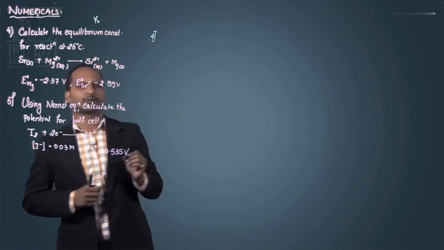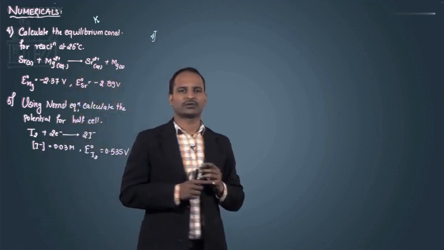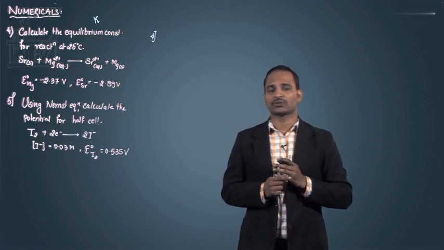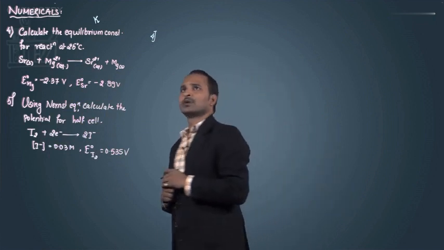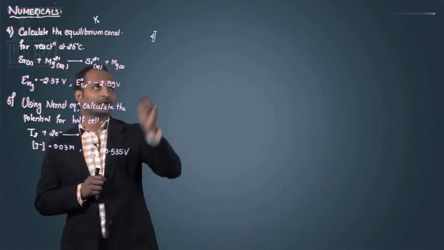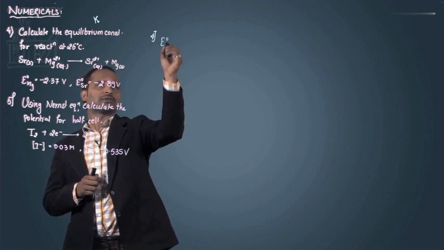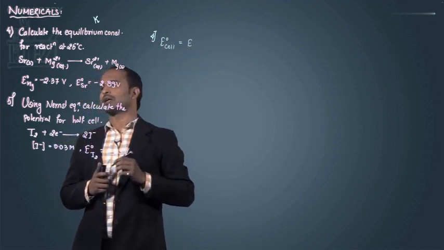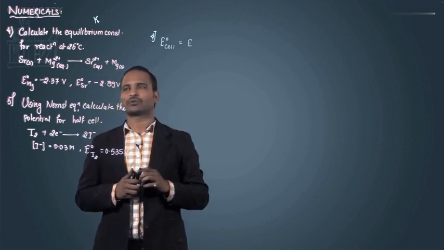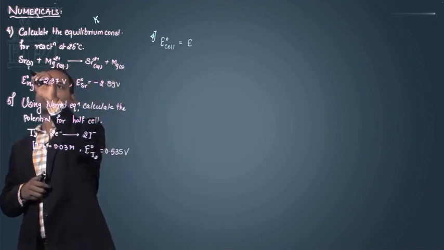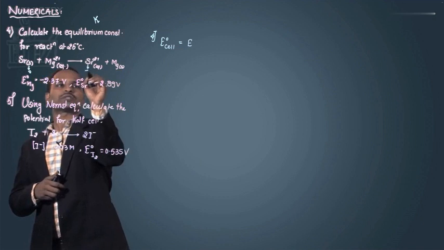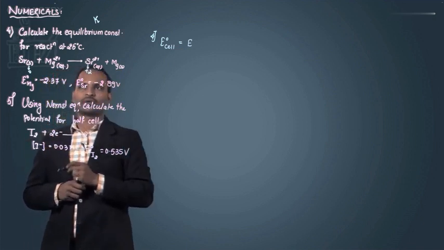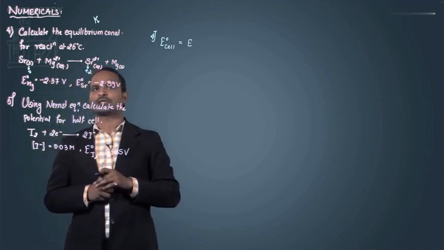For K, we have the formula E naught cell is equal to 0.0592 upon n log of K. For this I require E naught. E naught of cell is equal to E naught of cathode minus anode. First we have to decide what is cathode and what is anode. Strontium goes from 0 to plus 2, that means it undergoes oxidation, so it will act as an anode, and this is reducing, so it is a cathode.